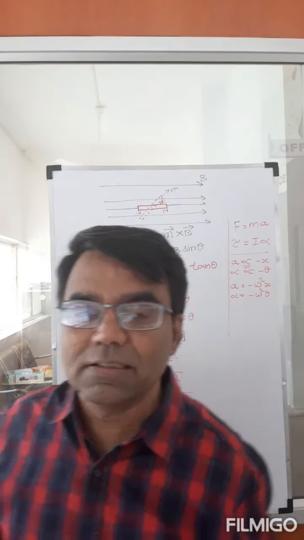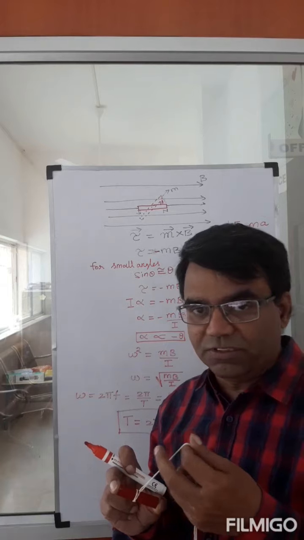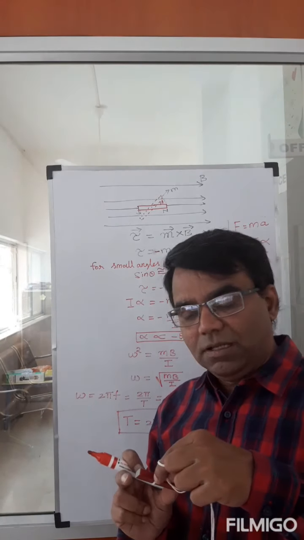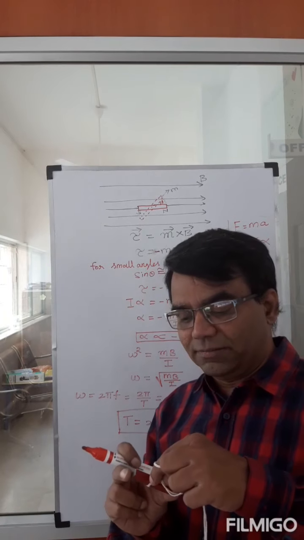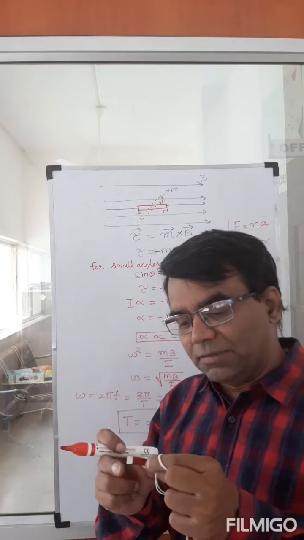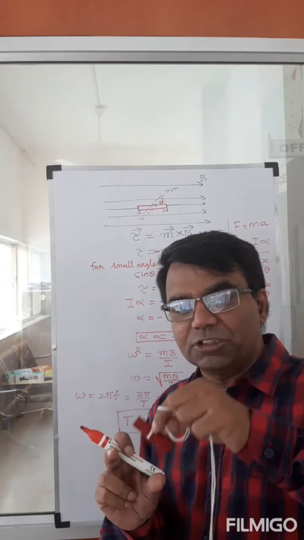So in the case that we're talking about, suppose I know the magnetic moment m of this magnet, and I can also know I, because mL squared by 12, as I said, we measure the mass and then measure the length, and mL squared by 12 will give me the moment of inertia of this bar magnet.